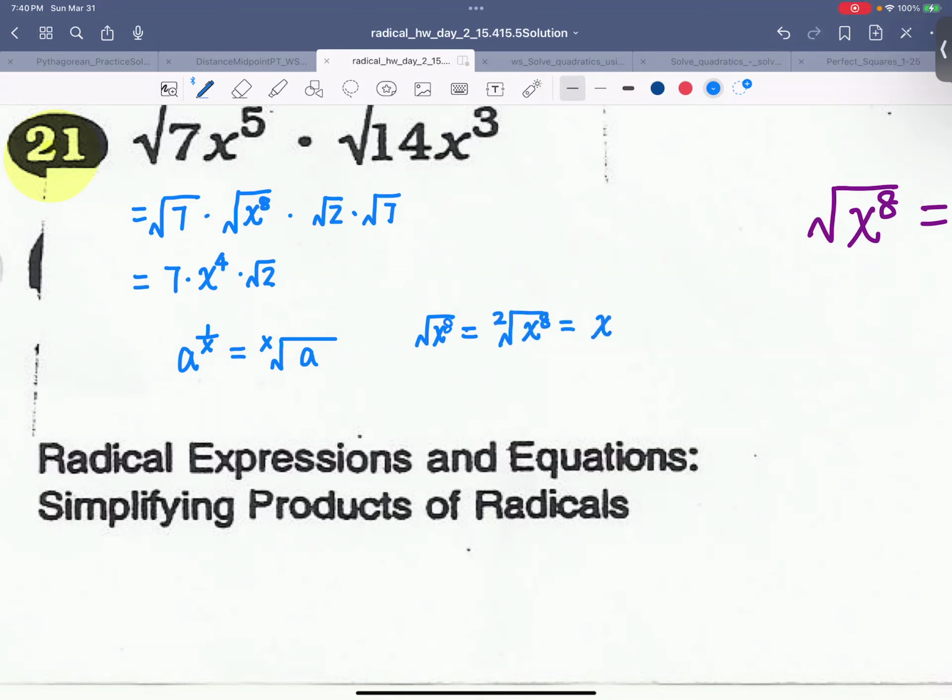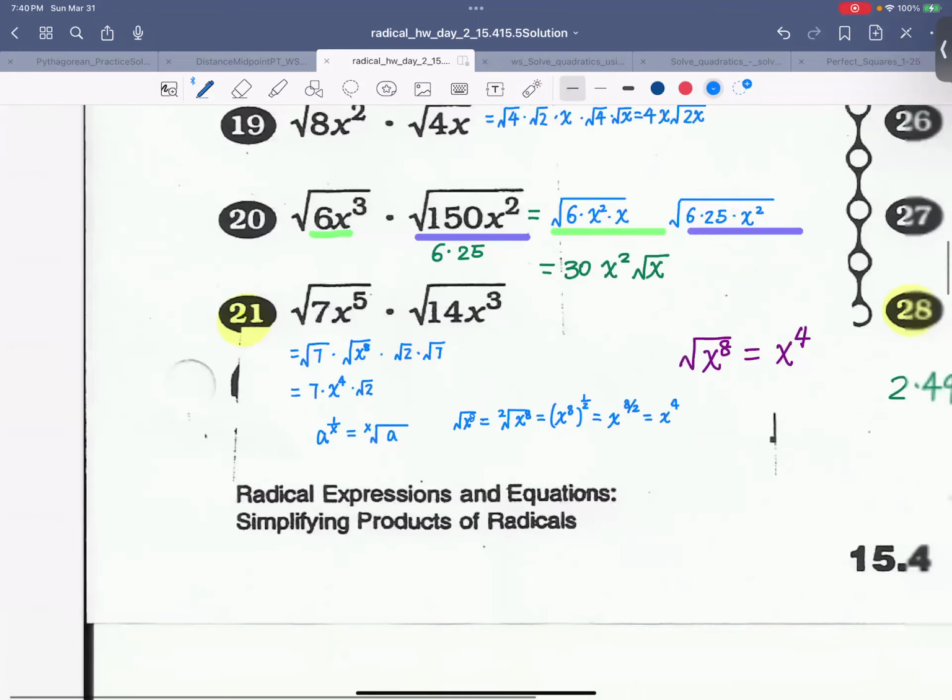So this is x to the power 8 to the power 1 over 2, which is x to the power of 8 over 2, which is x to the power 4. Okay? Do you really understand this now? Yeah.